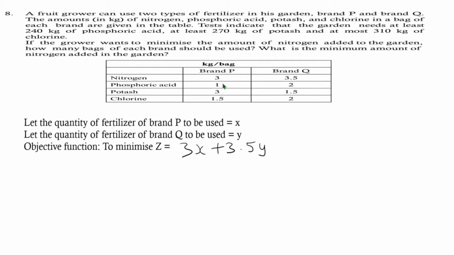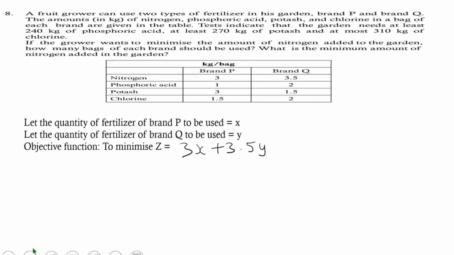So we have to minimize this 3x plus 3.5y, because we have taken the quantity of fertilizer of brand P as x and brand Q as y. So the objective function is to minimize Z is equal to 3x plus 3.5y.